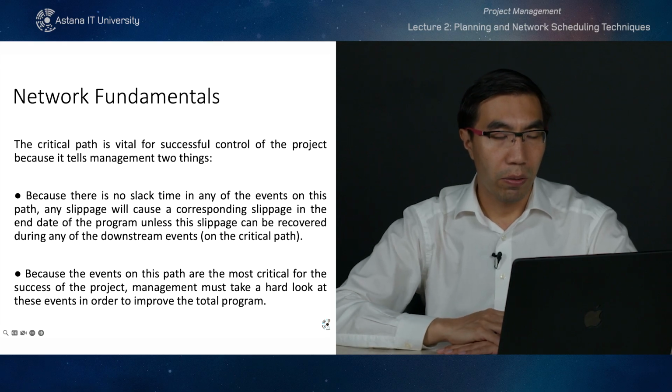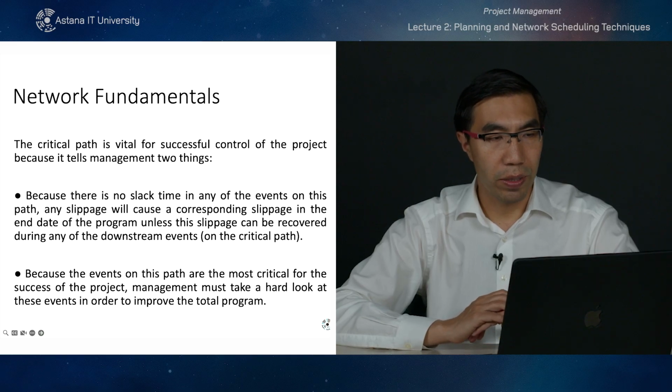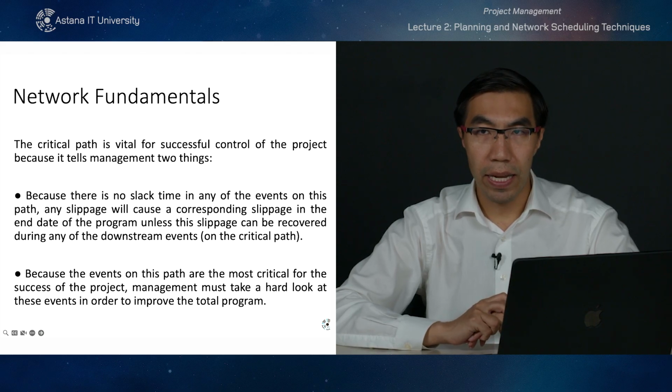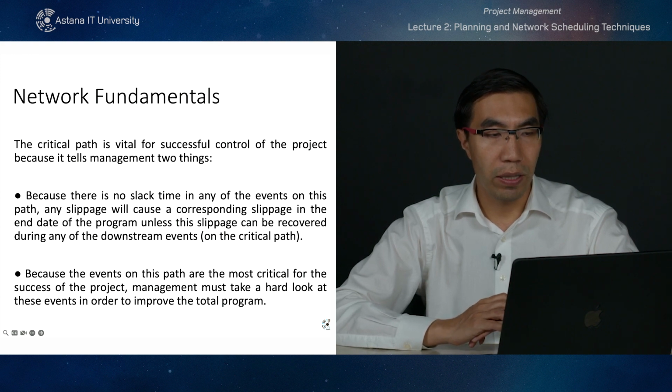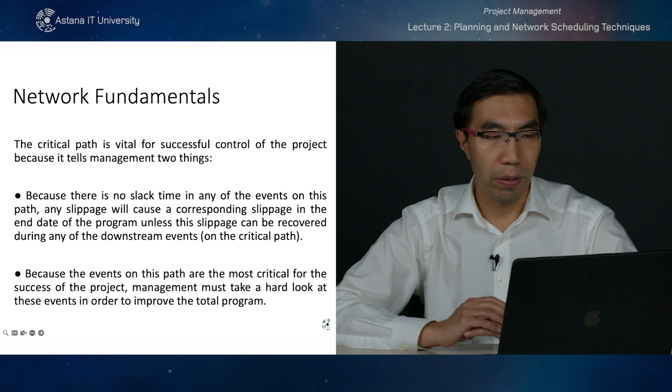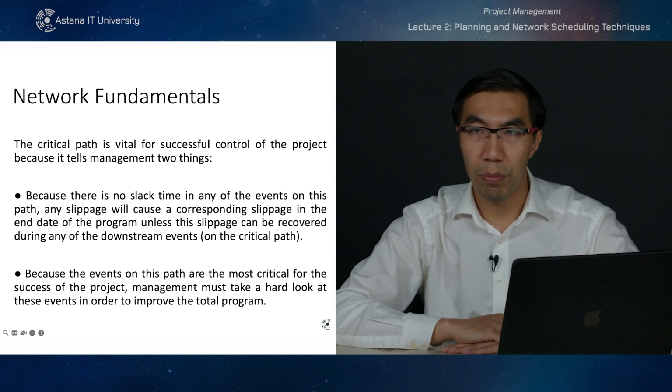Also pay attention to the critical path, which is vital for successful control of the project, because it tells management 2 things. Because there is no slack time on the critical path, any slippage will cause a corresponding slippage in the end date of the program, unless this slippage can be recovered during any of the downstream events on the critical path.